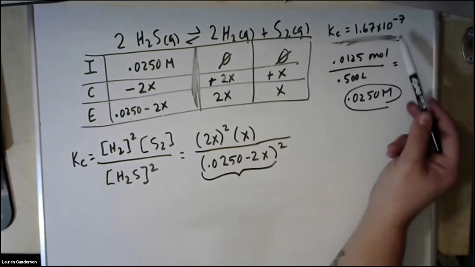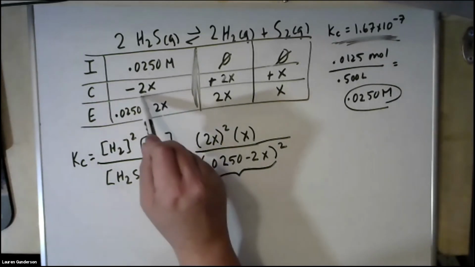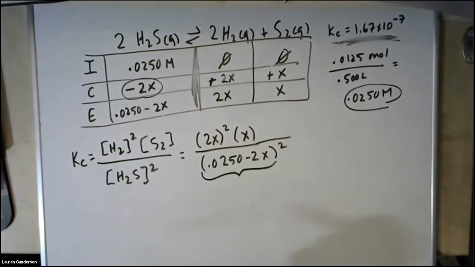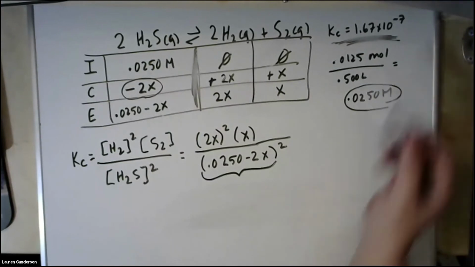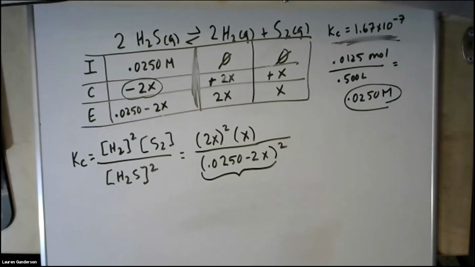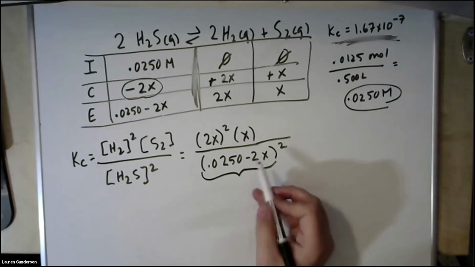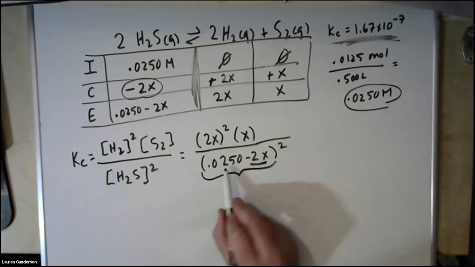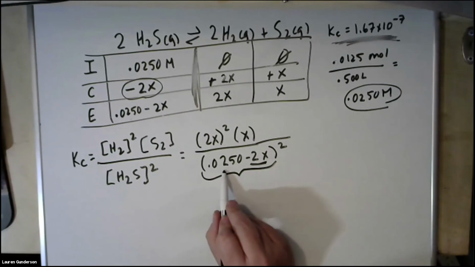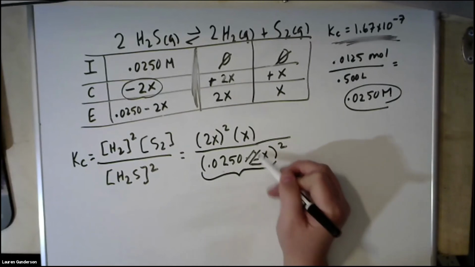If our K value is very small, that tells us that whatever this value is, it's going to be really, really small because we're not making a lot of product. Now, if that's true, then we can assume that when we compare this 2x value to our starting amount, that 2x value is going to be so small that we can just take it out of the equation.